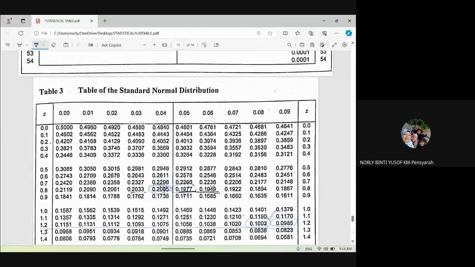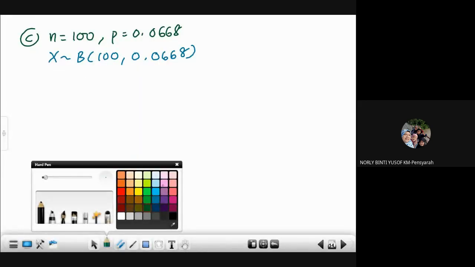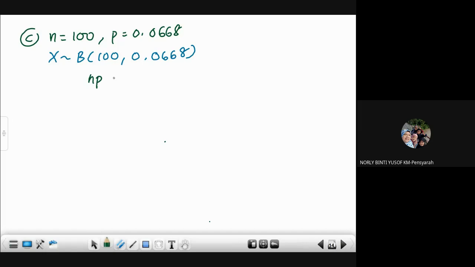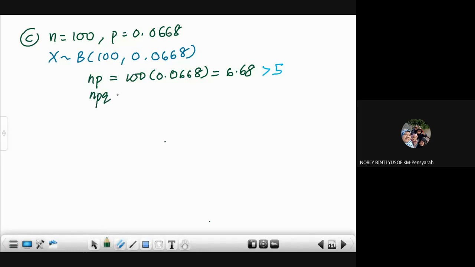Dan you nampak NP dia lebih besar. So you kira 100 kali 0.0668 dapat 6.68. So greater than 5. So kena buatlah normal approximation kat situ.